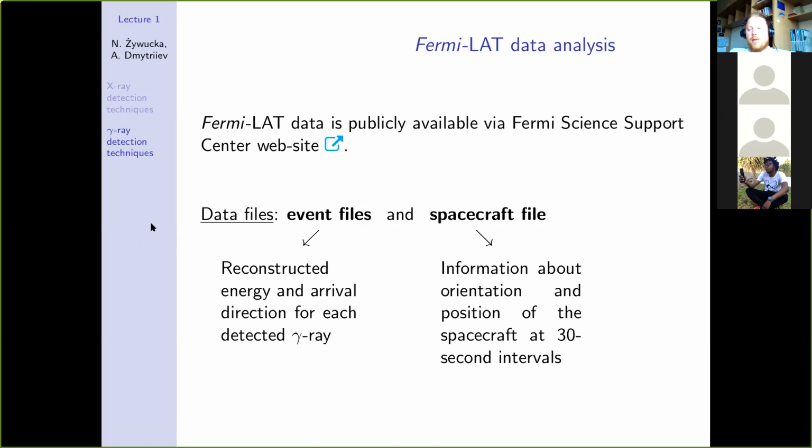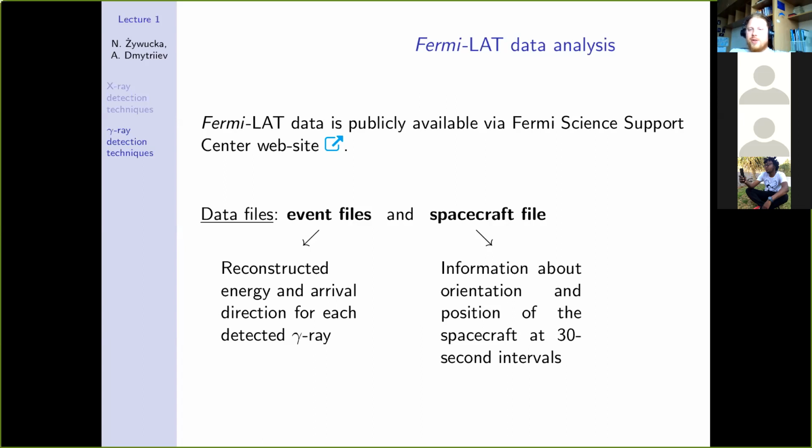And then there are 2 types of data products. Data files are either in the form of event files, which contain information about the photons of the gamma rays, so reconstructed arrival direction and reconstructed energy for each gamma ray which was detected. And the spacecraft file, so it's, let's say, the diary of the Fermi LAT.